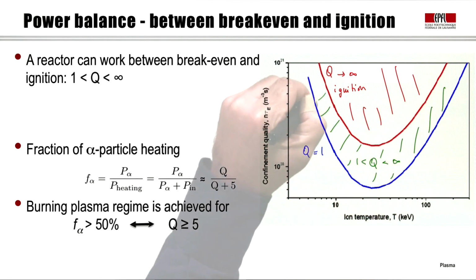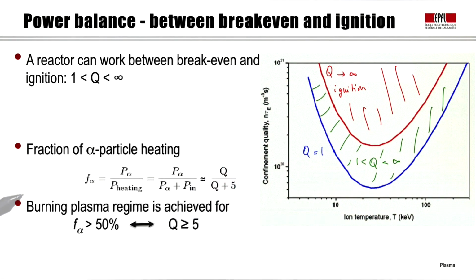If we define the fraction of alpha particle heating, that is the fraction between the heating from the alphas and the total heating of the plasma, that corresponds to about Q over Q plus 5, this expression. So if we want the alpha particle heating to dominate over the total heating, and that is a regime we refer to as the burning plasma, that is achieved for Q larger than 5.